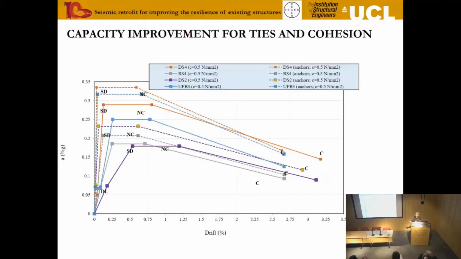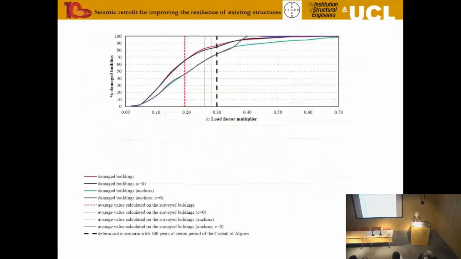We can also compute that improvement both in strength and in ductility when we look at the inclusion of anchors and the improvement of cohesion provided by injections. And this can also be measured by a shift in fragility curves when we look at a site as a whole, and hence the median level of acceleration that would cause damage to the buildings.